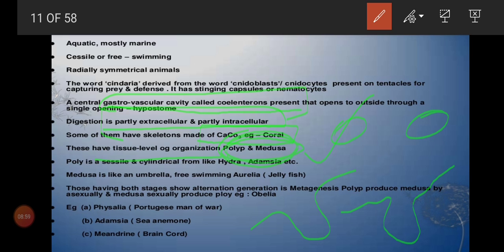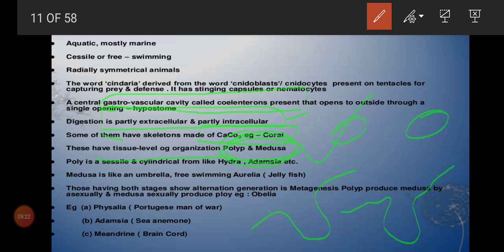This polyp doesn't contain any tentacles or the like. Obviously it will be attached to any one area, so we can call it sessile. Polyps are always sessile.